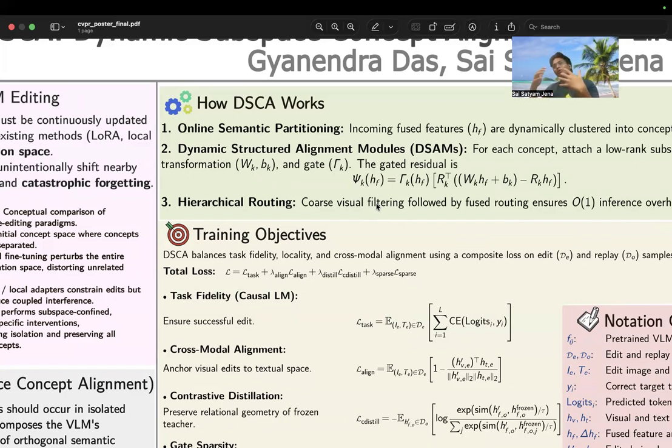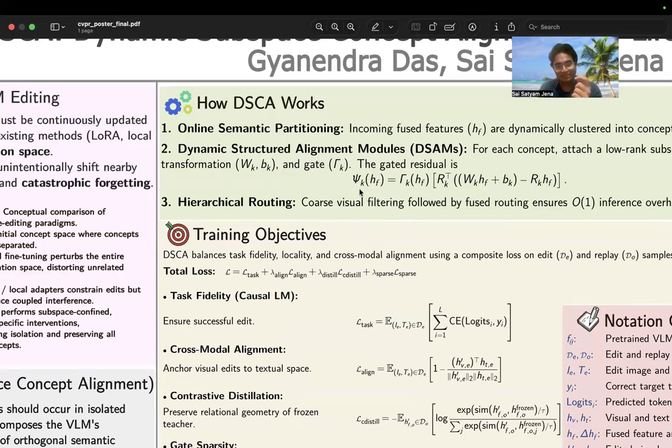Suppose I want to teach the model that this is a Cybertruck. Then there will be fused representations where one concept is centered around the truck, and some concepts centered around the car, because from the visual stream it looks like a car. And obviously, there is a composition between these two concepts. So inherently, our idea was that knowledge is compositional.